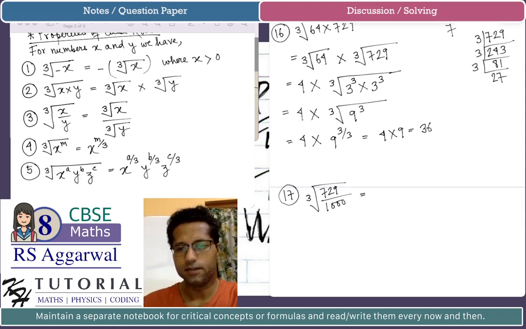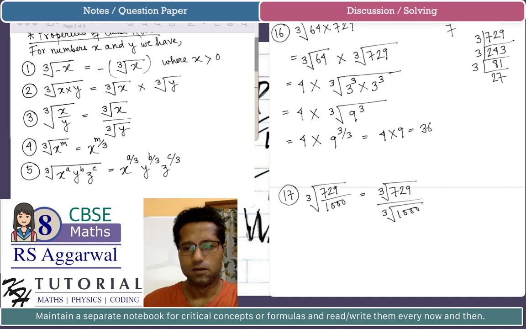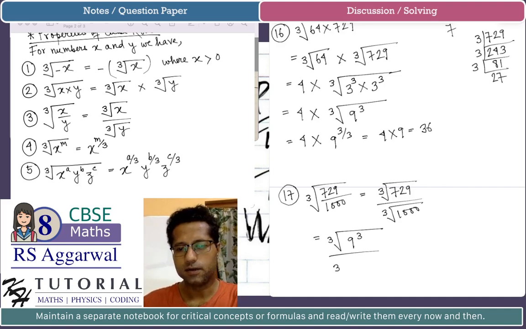So we can rewrite this as cube root of 729 divided by cube root of 1000. So this is equal to cube root of 729, you can write it as 9 cube, and 1000 you can write it as 10 cube.